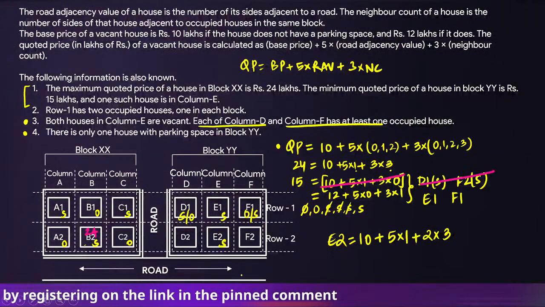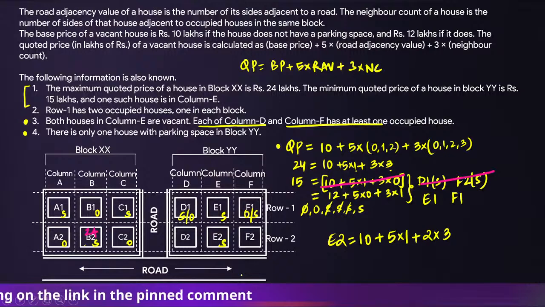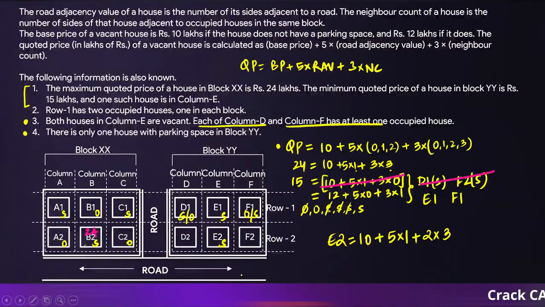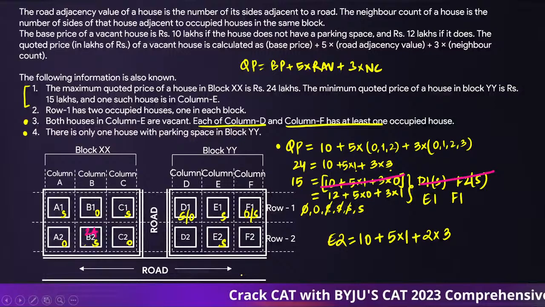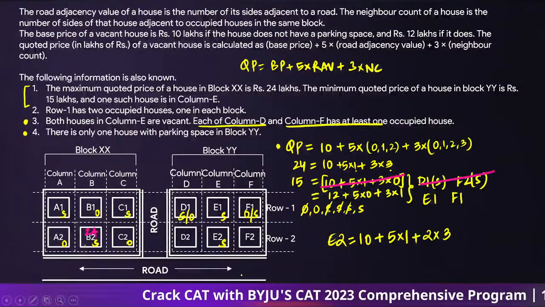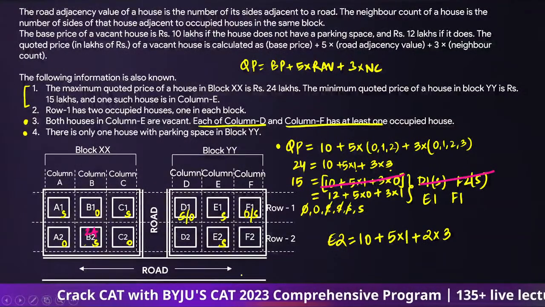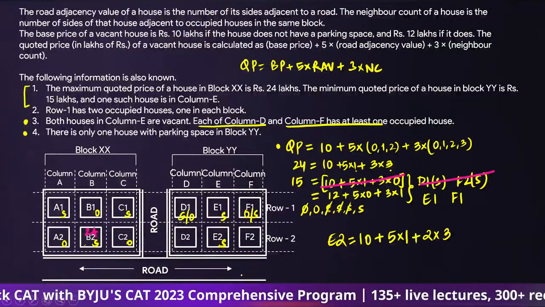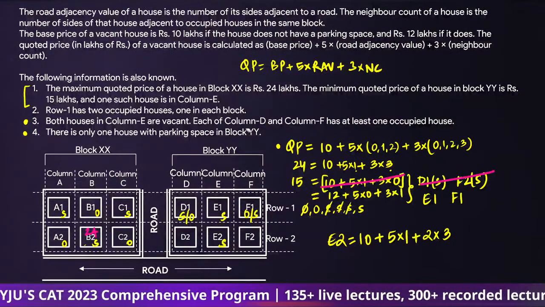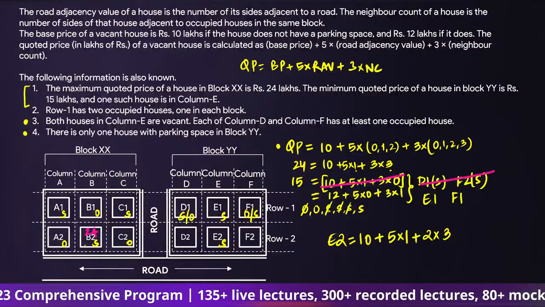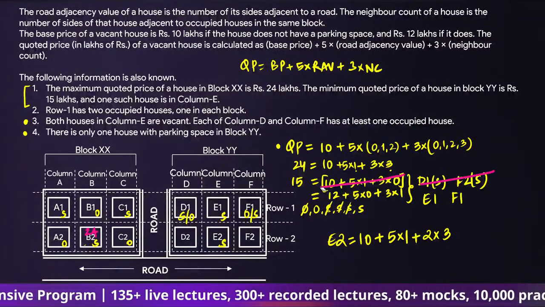And it is in column E. Three into 0 means there are no. Okay, so I missed this part, that one such house is in column E. This part was missed.